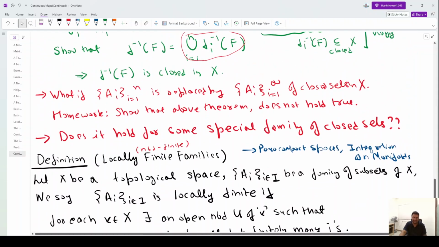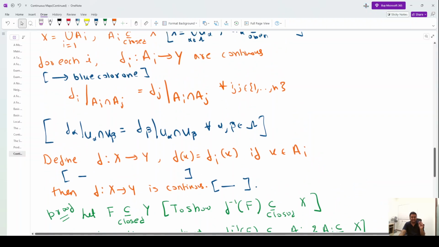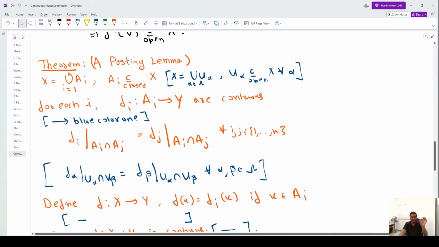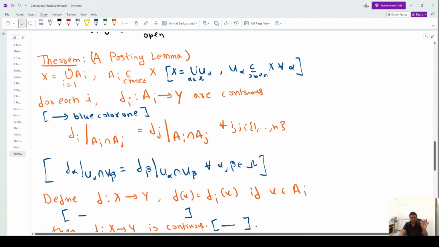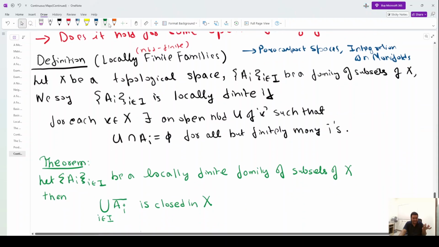I'm not going to prove it. So this statement, you can easily observe: if I take the locally finite family of closed sets, then the closure will be the same. So now you will have here in this union infinity, and that infinite union will be closed. So you will be done, right?